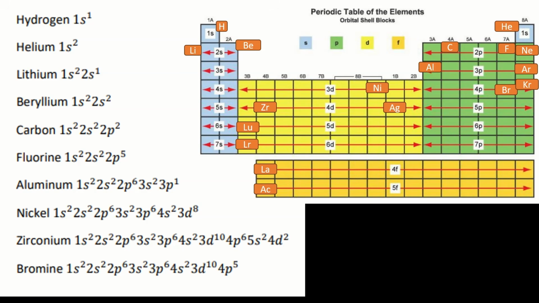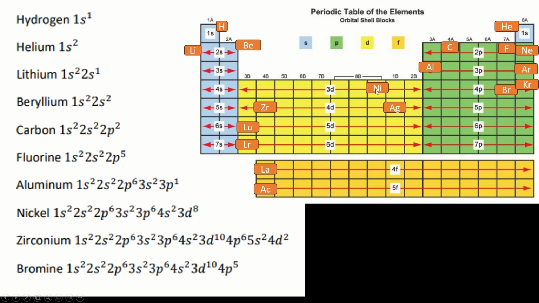Aluminum involves us going through the entire 1s block, 2s block, 2p block, and 3s block. So now we're in the first element of the 3p block, or right here. So 1s², 2s², 2p⁶, 3s², 3p¹.